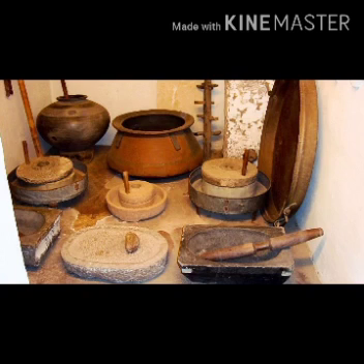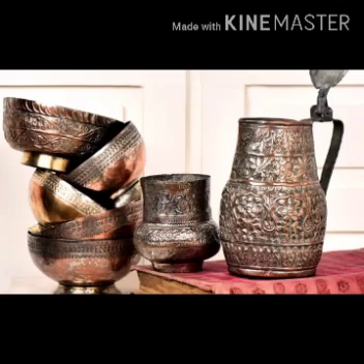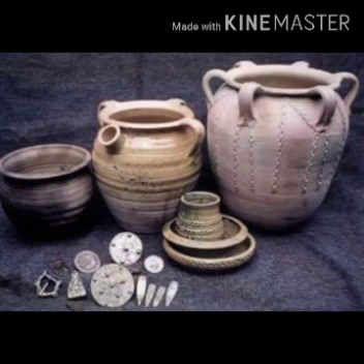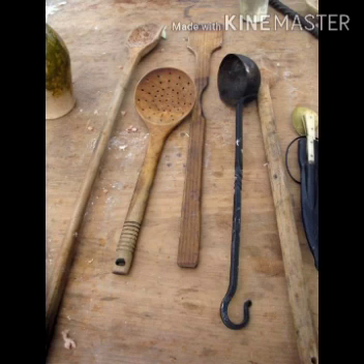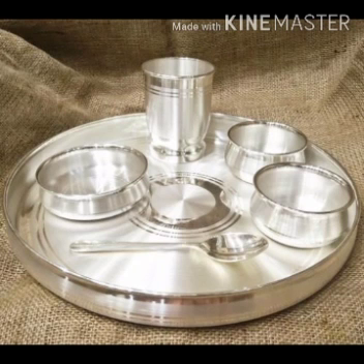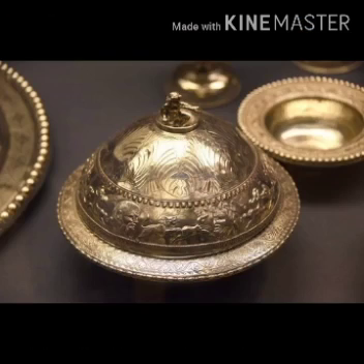In ancient period, mud vessels were used on a large scale, but when metals were discovered, people started using copper vessels, brass vessels. In medieval period, common people used mud vessels, copper vessels and brass vessels, and kings and royal people used silver and gold vessels.